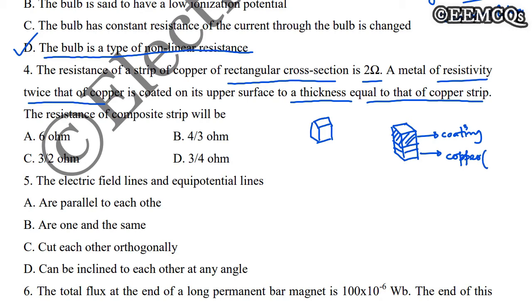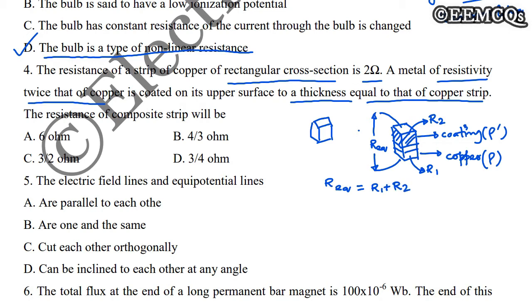So the resistivity of copper, say we take to be rho, and the coating material has resistivity rho 1. We are basically finding the resistance between these 2 points. The resistance of this one is R1 and this one is R2. So definitely Req is equal to R1 plus R2.